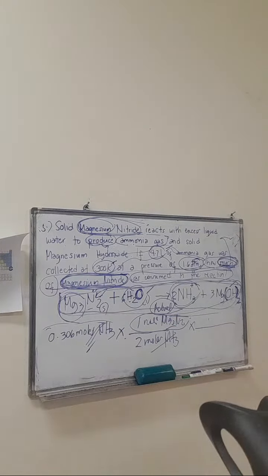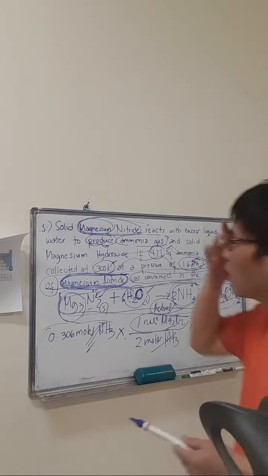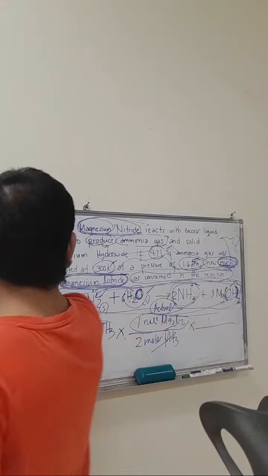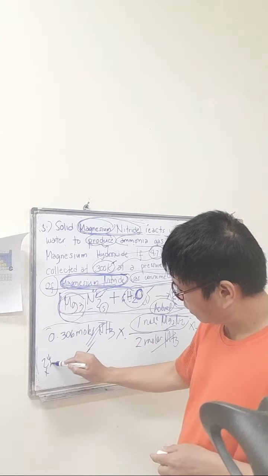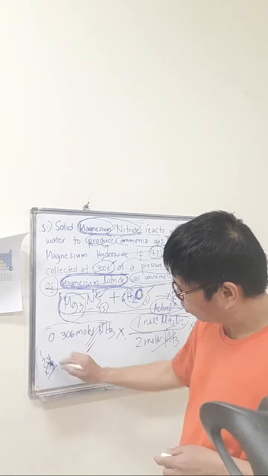I forgot. So, what is the molecular weight of magnesium nitride? Magnesium, 24. 24 times 3. I don't like to use the calculator. 72.